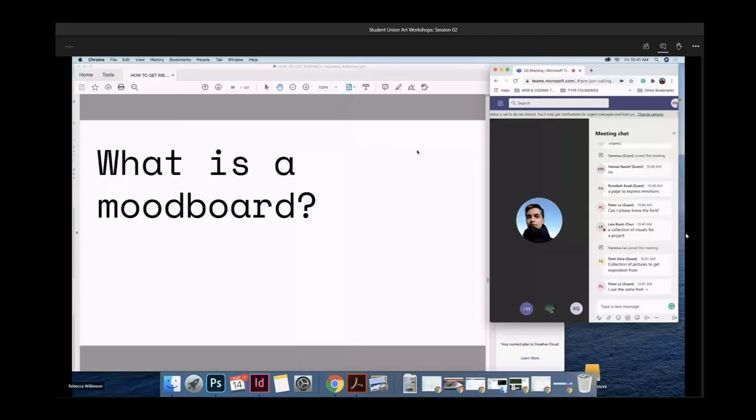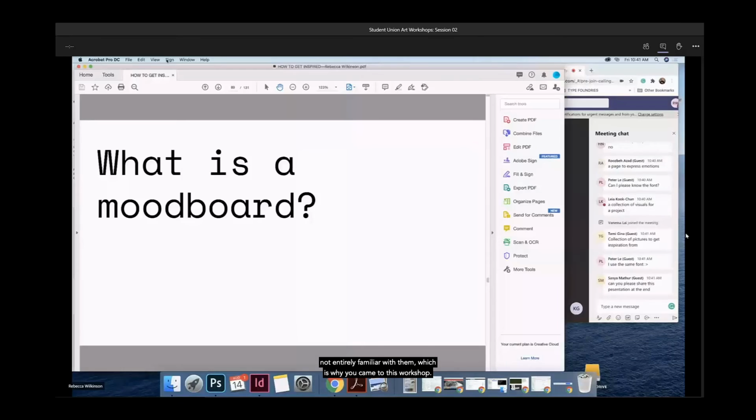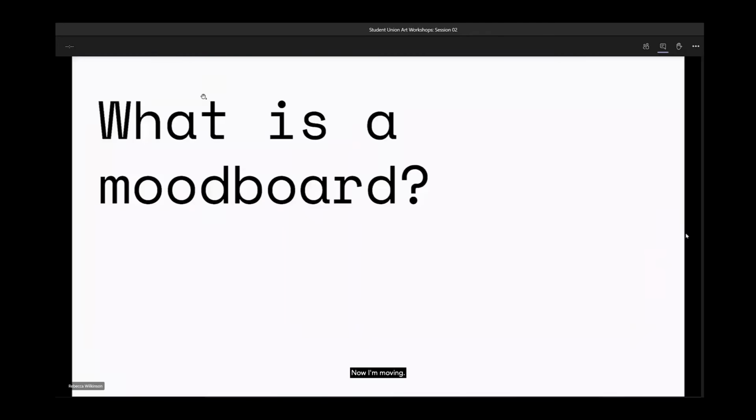Cool. So I'm going to assume no one knows exactly what a mood board is, or maybe that you're not entirely familiar with them, which is why you came to this workshop. So I'll get back to the presentation if that's okay. All right, I'm going for it. So what's a mood board? I will explain now.